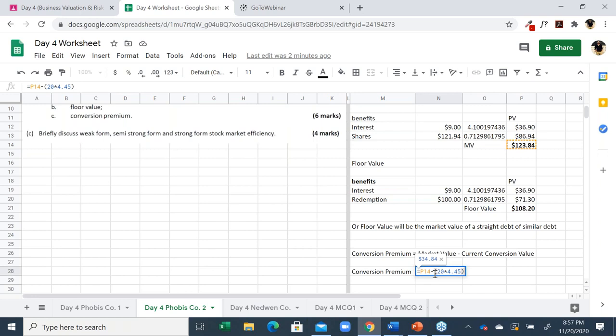And what will be the total value if he converts the bond into shares now? $89, right? So look at it from the investor's perspective. The investor will be thinking that I'm going to get 20 shares in return for this bond. These shares will be available after 5 years, but these shares have a value of $89 today.